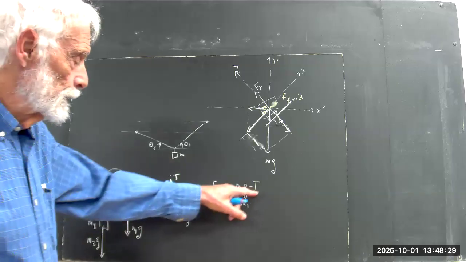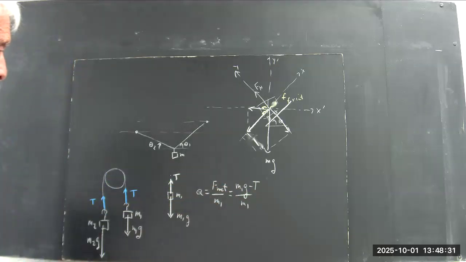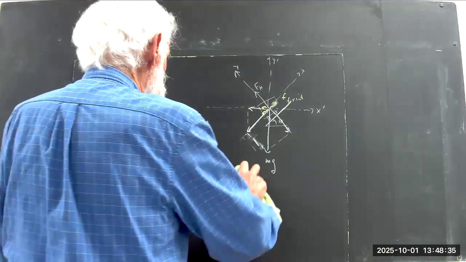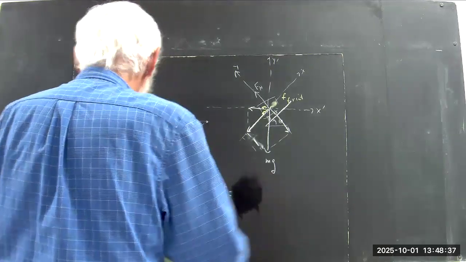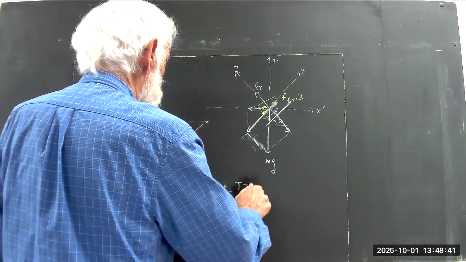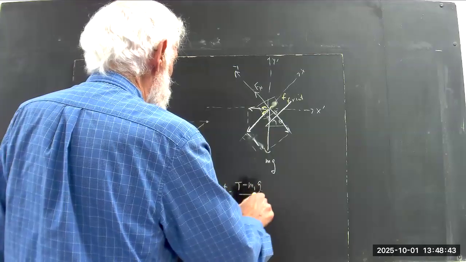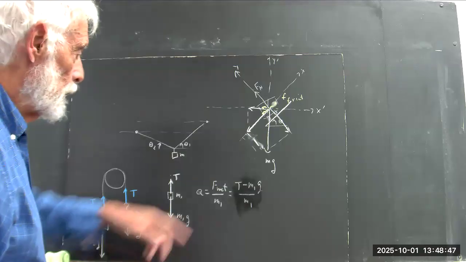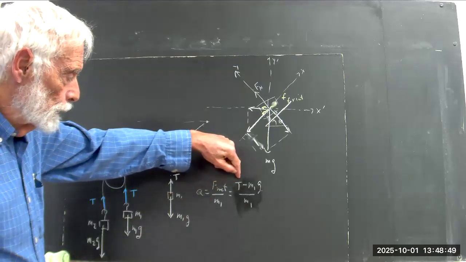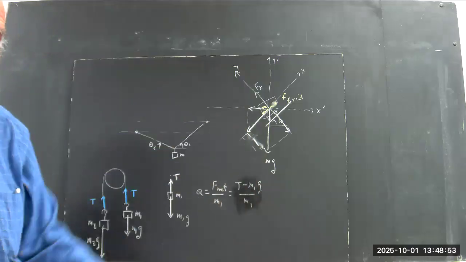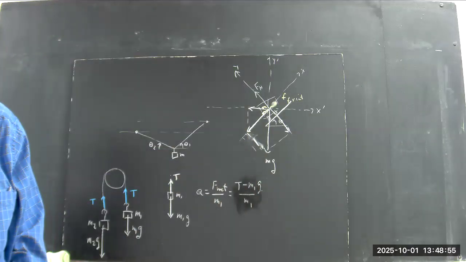And since T is less than M1G, actually, we're going to consider up to be positive. So let's do it that way. It's T minus M1G over M1. Okay, now M1G is greater than T, so you're going to have an acceleration that's negative, in other words, downward acceleration, right?